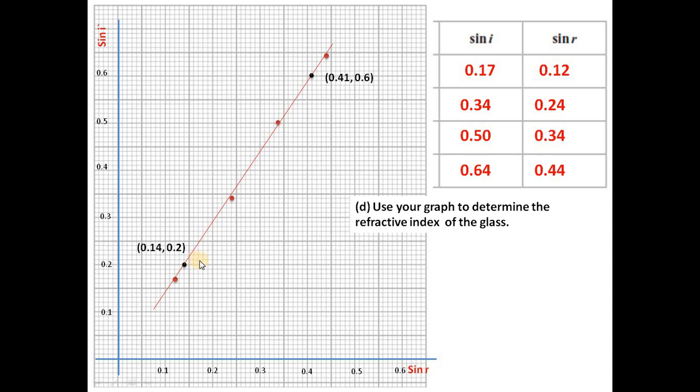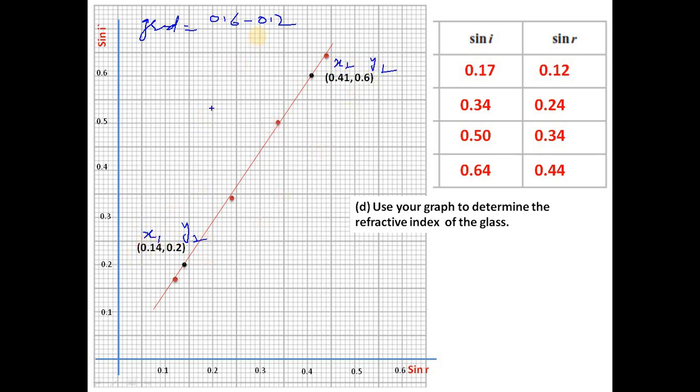So if you see, these are the coordinates of the points, and if you do your calculation, your gradient is y2 minus y1, so 0.6 minus 0.41 divided by, no, I'm sorry, it's not 0.41, it is 0.2. Sorry about that. So y2 minus y1, so this is your y2, this is your y1, x2 and x1.